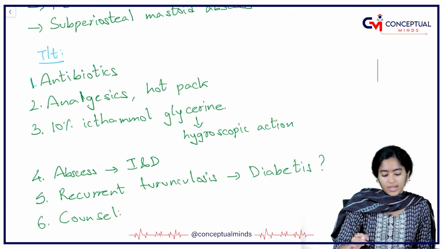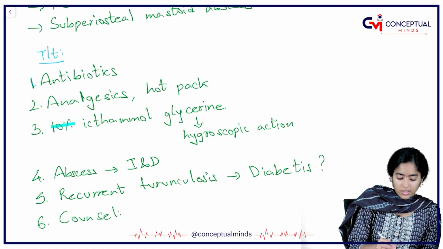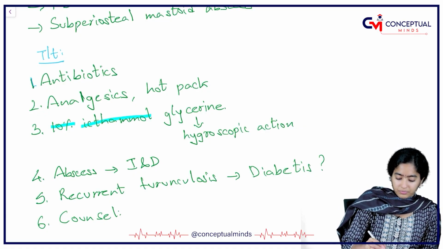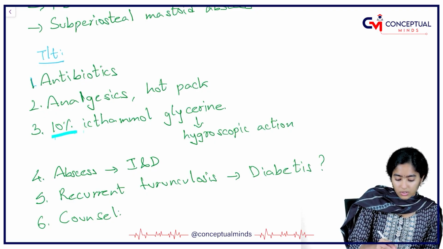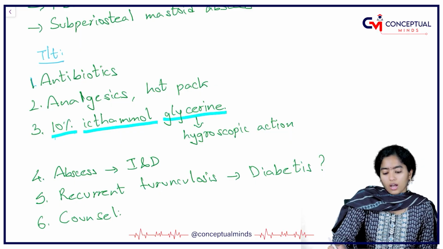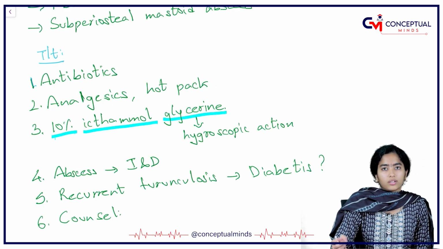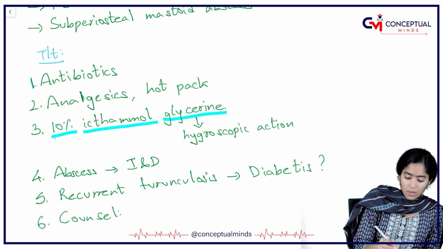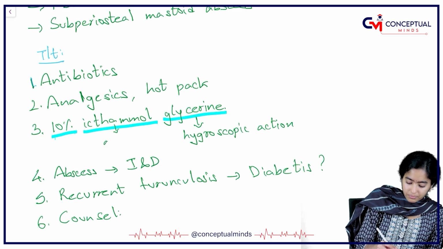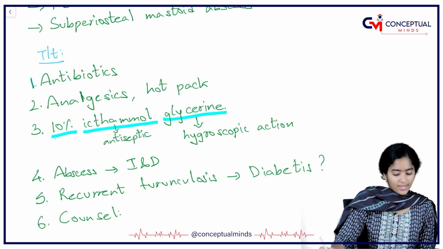And how do we treat it? Antibiotics, analgesics, and hot pack. 10% ichthymol glycerine is important. Why? Because glycerine is hygroscopic. It absorbs water, and so it will reduce the edema, and ichthymol is mildly antiseptic, and hence we use this.